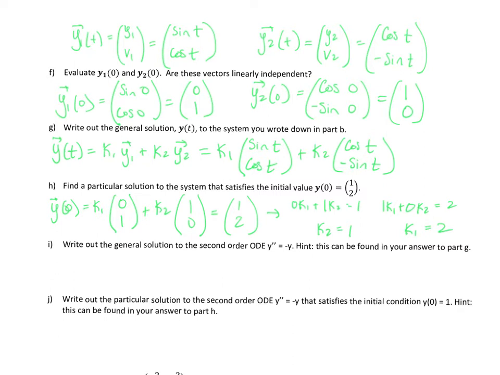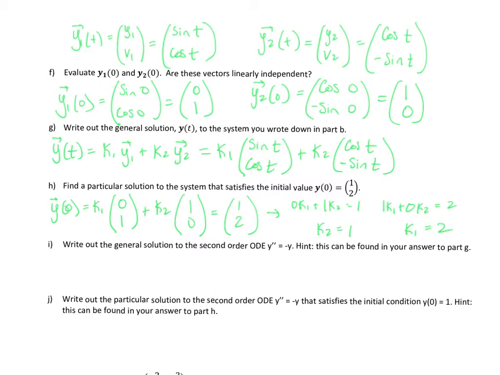So my particular solution is going to look like this, but I now replace k1 with a 2 and k2 with a 1. I didn't give myself quite enough room to do this, so I'm going to write it in the space where I is right now.